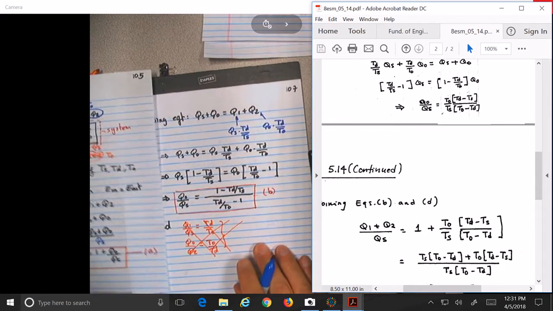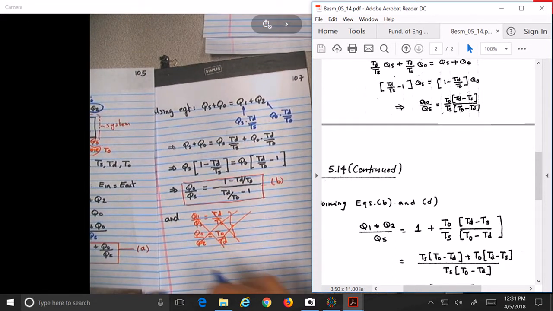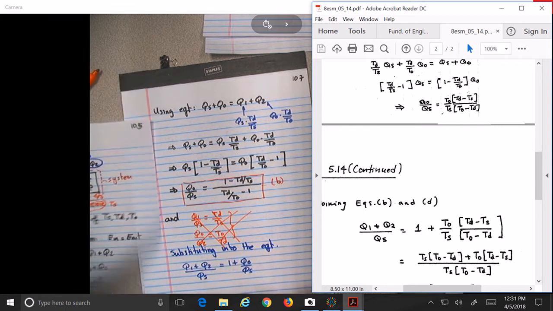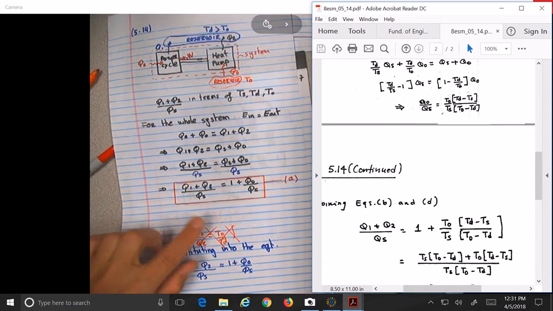So now, substituting into the equation. Okay, give me a minute. Which is Q1 plus Q2 over QS equal to 1 plus Q sub 0 over Q sub S, which was equation A. Alright?